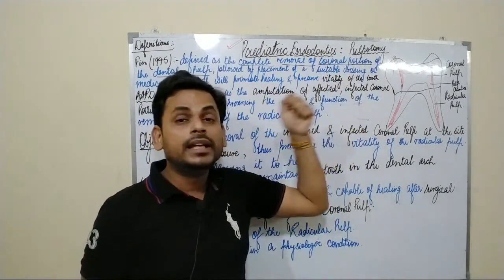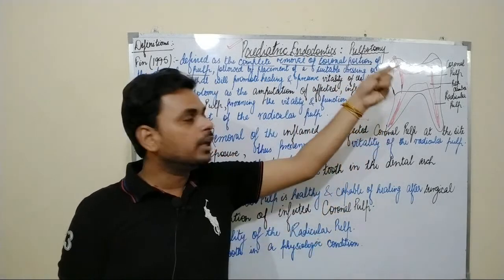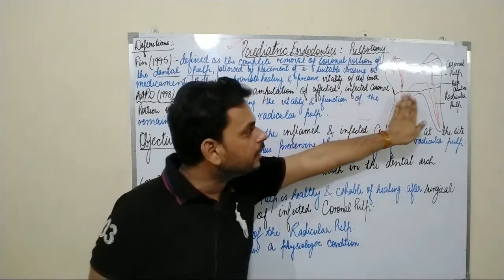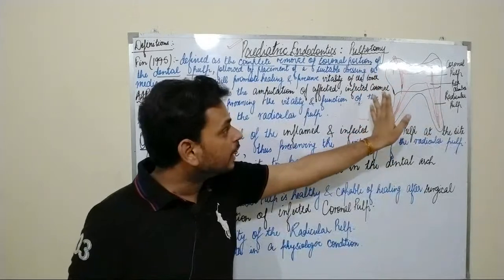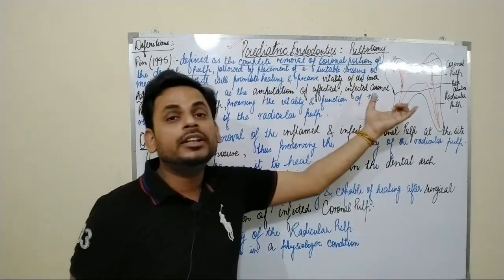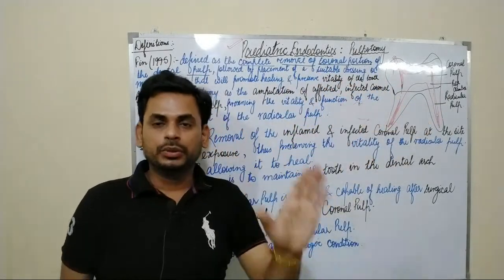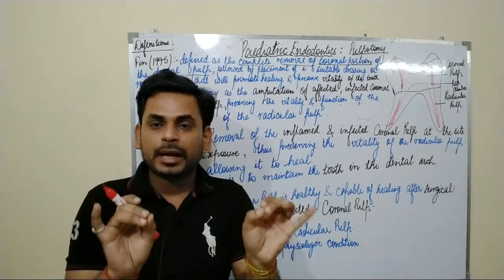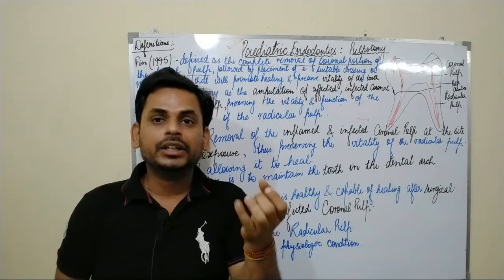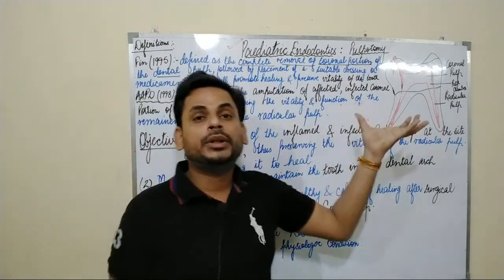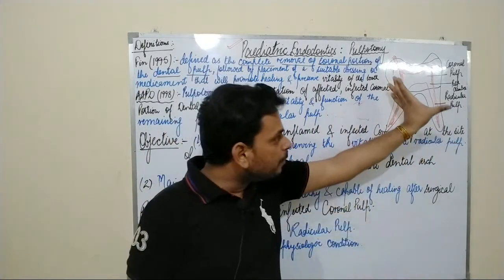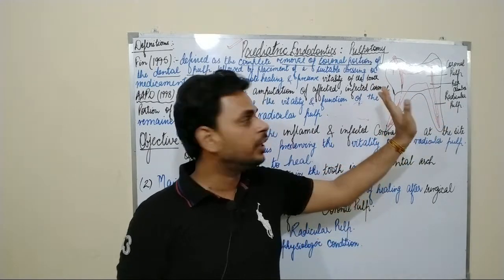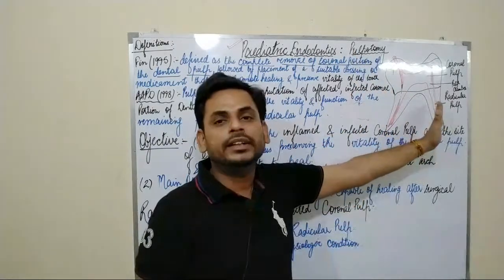Since we are only amputating the coronal portion of the pulp, we are preserving the radicular pulp. That's why we are preserving the vitality of the tooth. Do remember, students, it is the vitality of the pulp tissue which makes the tooth alive. So to maintain the vitality of the tooth, we are preserving the radicular pulp.